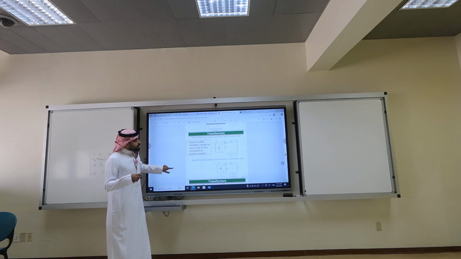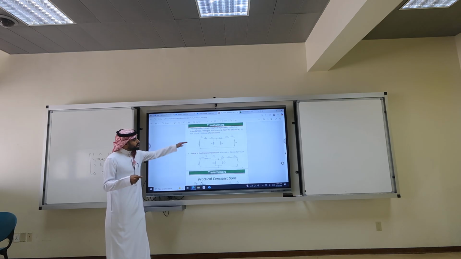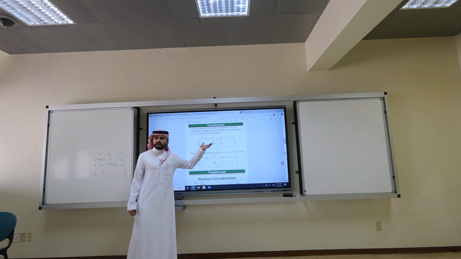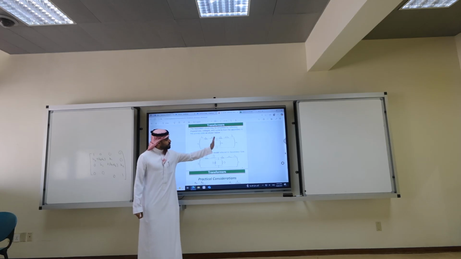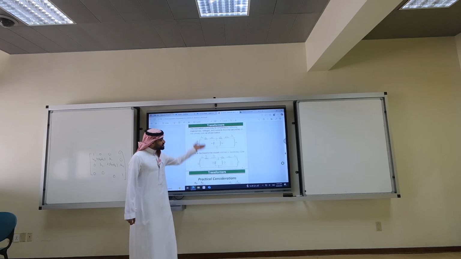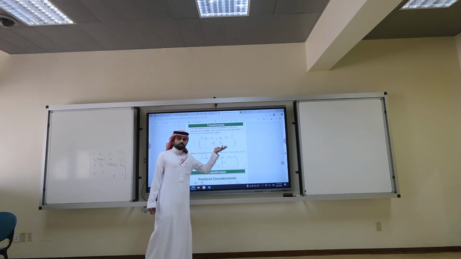One more thing: remember these 2 circuits? Which circuit is it, circuit 1, circuit 2, or circuit 3? No, that's circuit 1, because the parallel element is halfway. There are elements before, there are elements after. What is the difference between the 2? This one, we refer the secondary to primary.